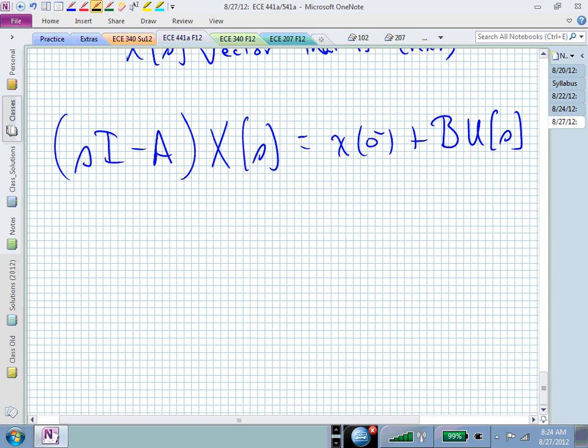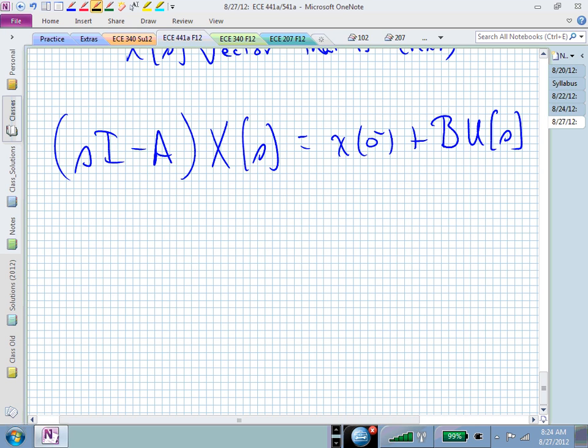We're playing with matrices, and now the order with which I multiply and invert is important. And I want to isolate capital X(s), and for that reason I want to multiply everything on the left by this quantity (sI minus A) inverse. s is a scalar, that's our frequency variable.